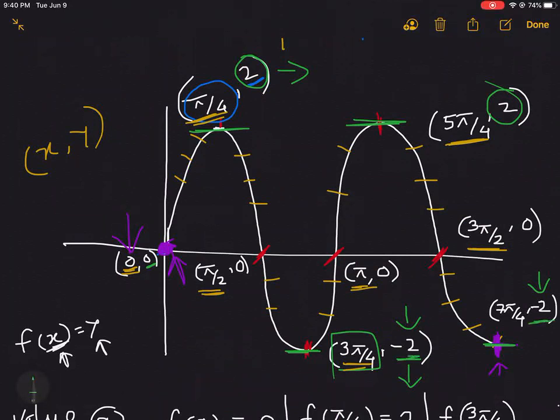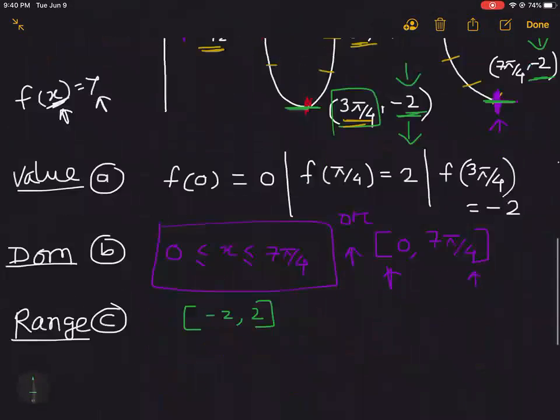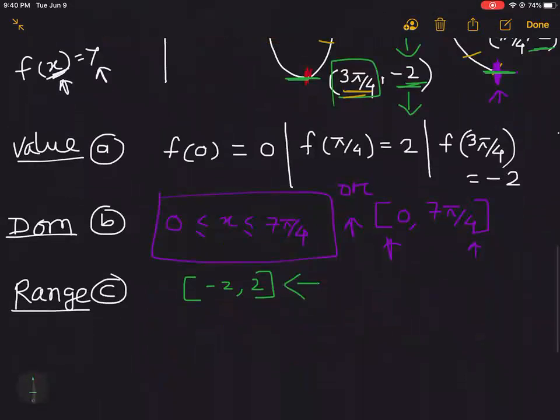As you can see, negative 2 and positive 2. So your values should lie between these two values. You can clearly say our range is there, or using set notation, we can write it's from negative 2 to 2, right? We write range using y, we write domain using x, okay?